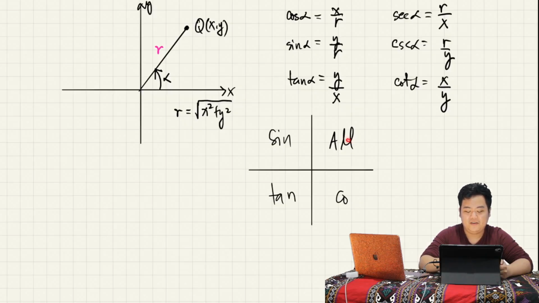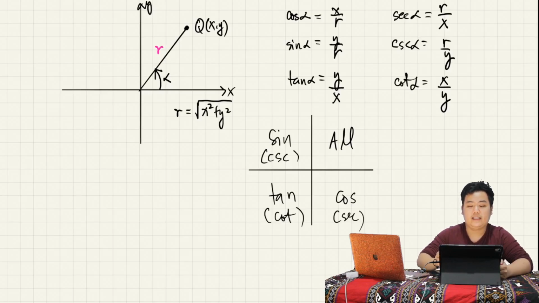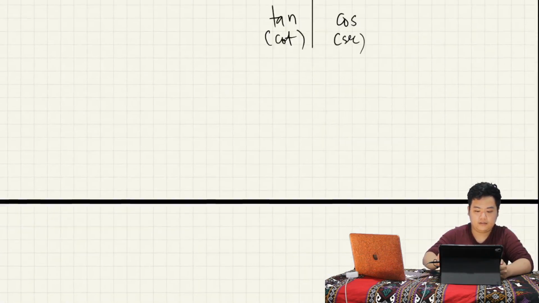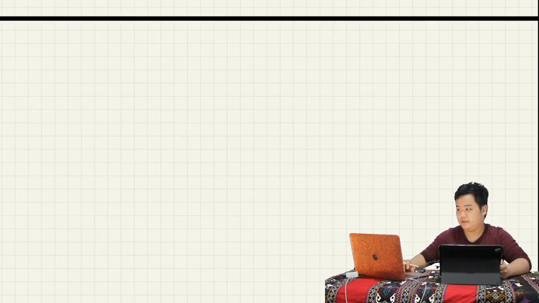So, remember this. All Sinta Ko. In quadrant 1, all of them are positive. Quadrant 2, sine and its reciprocal only are positive. Quadrant 3, tangent and cotangent only are positive. And in quadrant 4, cosine and secant only are positive. Okay, so let's do some examples.